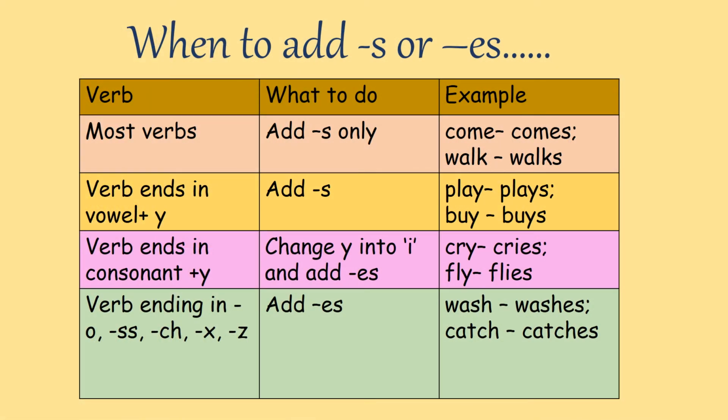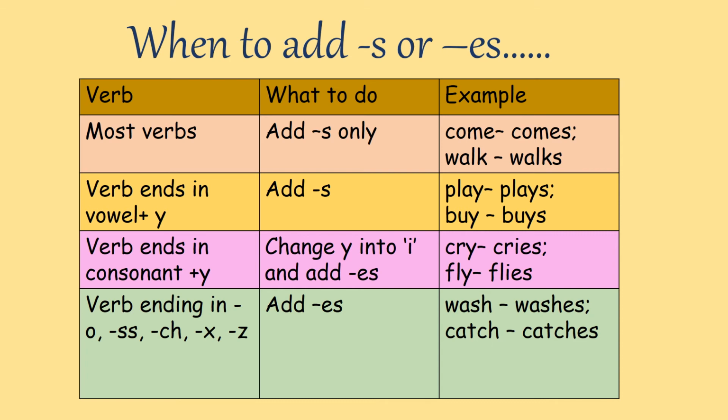So the next question that comes is that how would you know that you need to add S or ES? We have just learned that if there is the third person singular or the singular noun itself, you need to put an S or ES at the end of the first form of the verb. So how would you know if you need to put an S or if you need to add an ES?